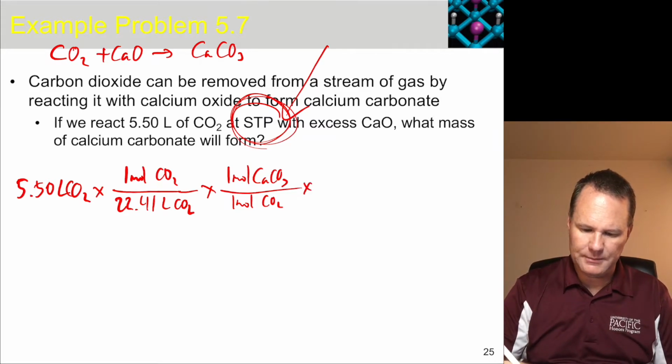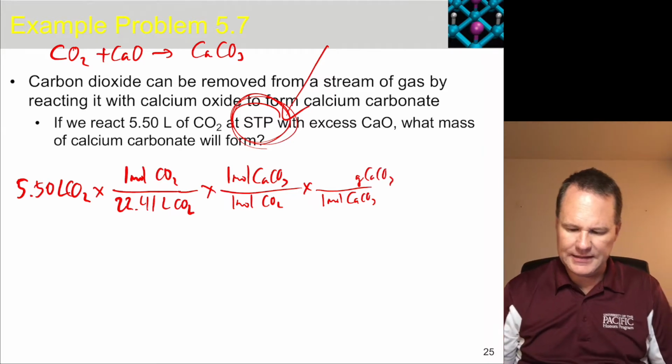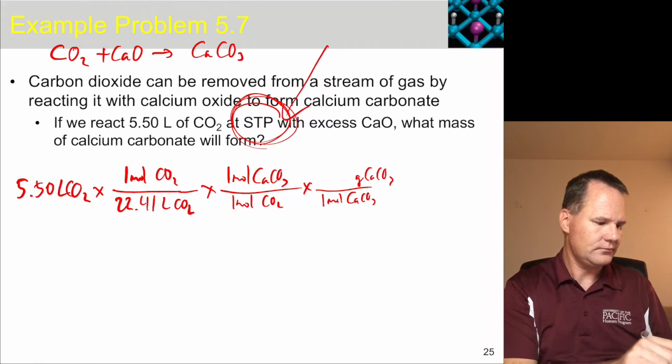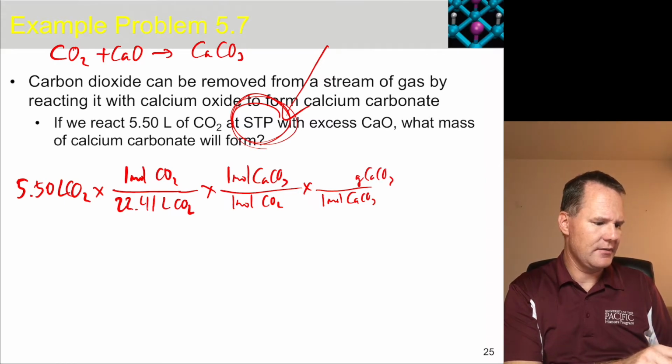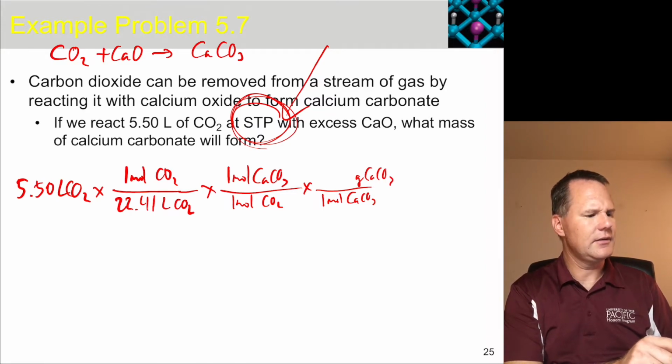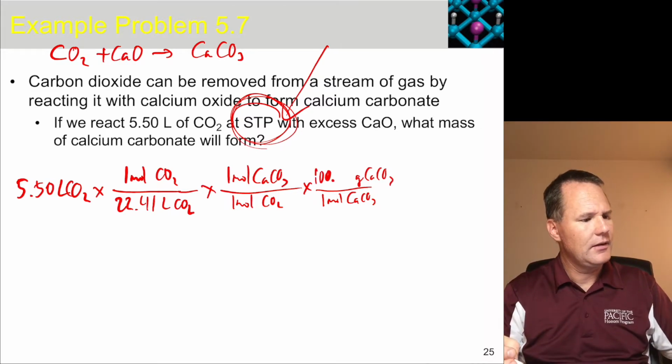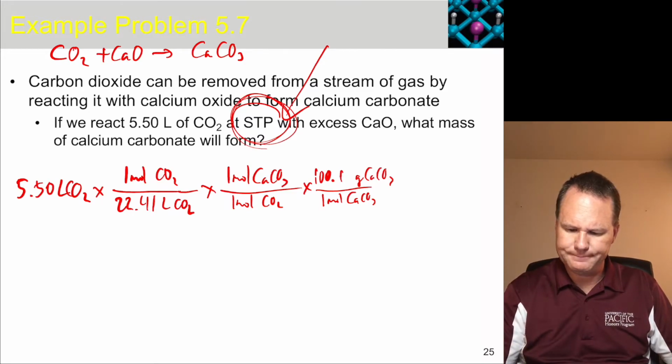And then I have to multiply by the conversion between the moles of calcium carbonate and the grams of calcium carbonate. Calcium is 40.078 plus 12.011, plus 3 times the oxygen, that's about 100.08, so let's say 100.08 grams per mole.